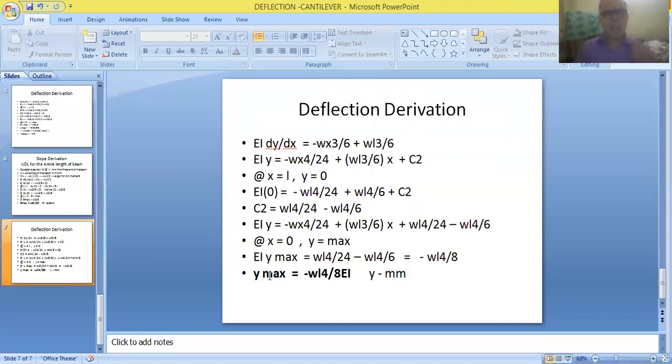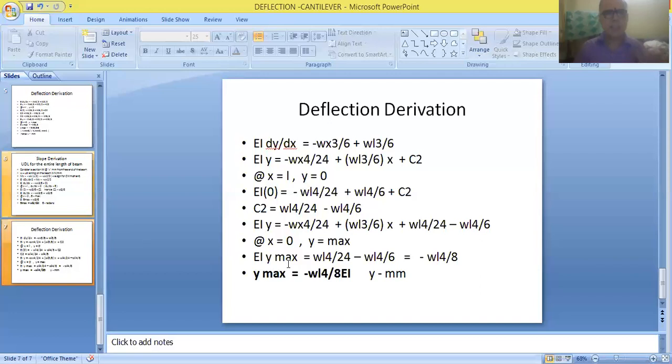So EI into Y max is written as WL to the fourth by 24 minus WL to the fourth by 6, which comes to minus WL to the fourth by 8. So Y max is written as minus WL to the fourth by 8 EI.